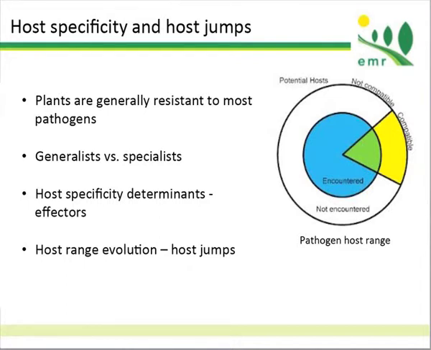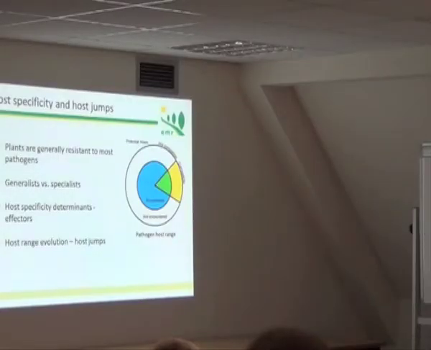You would think that these host jump events would be rare, because as a pathogen adapts to its host, it is fine-tuning its effector repertoire and therefore becoming less and less able to infect another plant species. However, in Pseudomonas syringae, the host jump events are rather common.